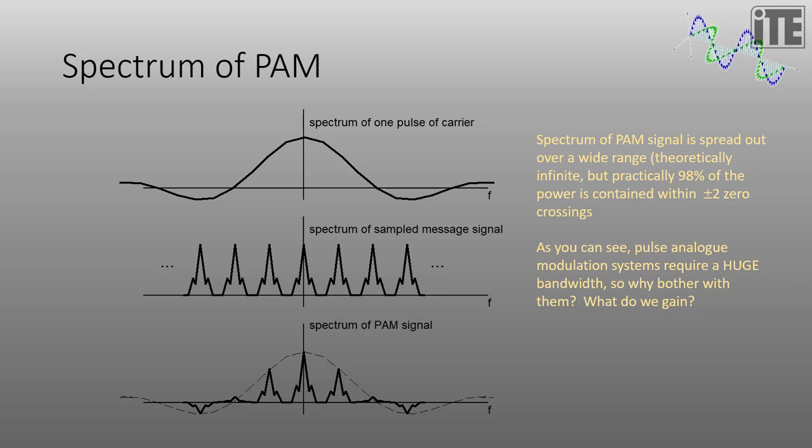But practically 98% of the power is contained within plus or minus 2 of the zero crossings. So as you can see, pulse analog modulation systems require a huge bandwidth. So why do we bother with them? What do we gain?